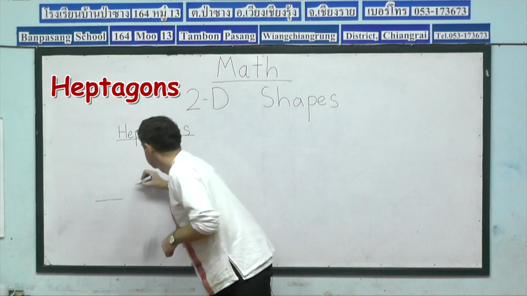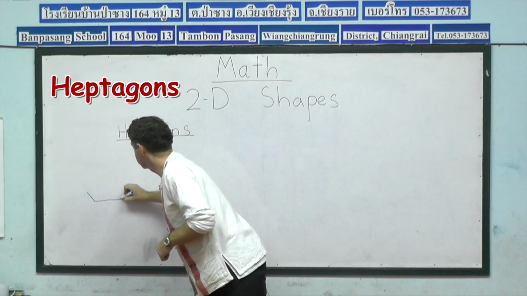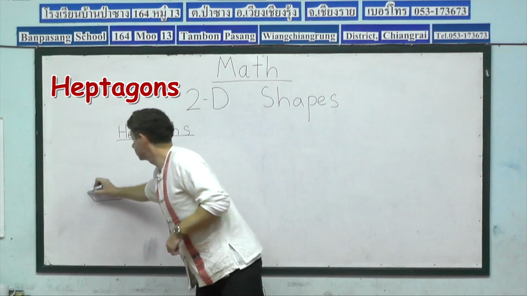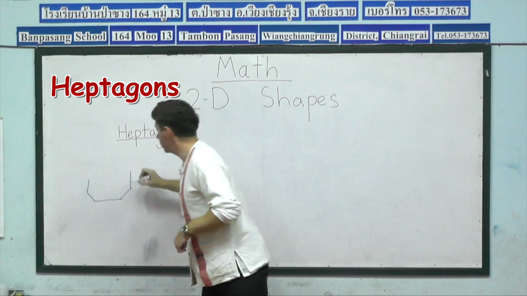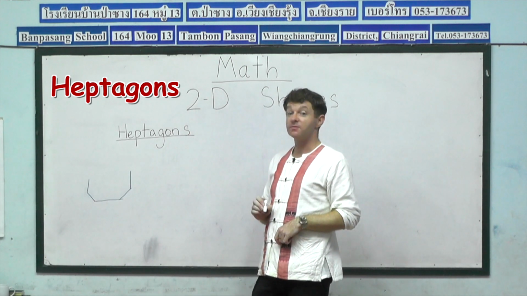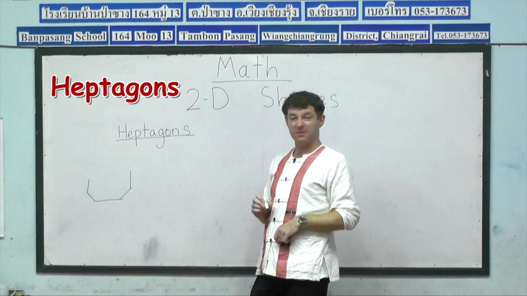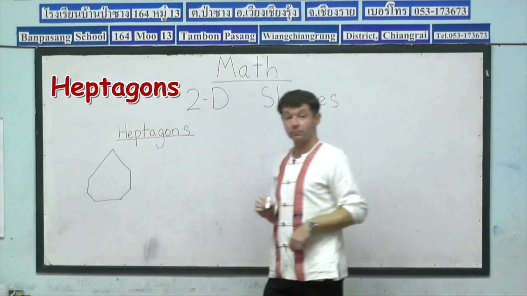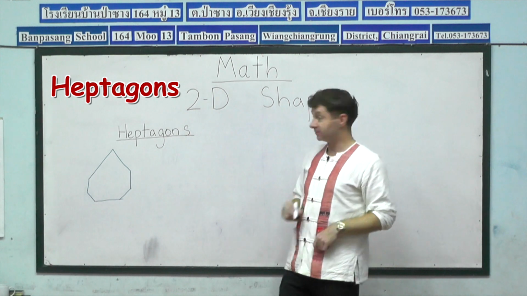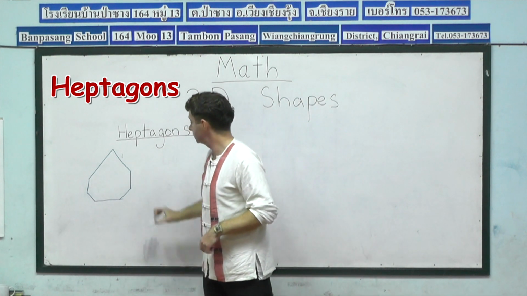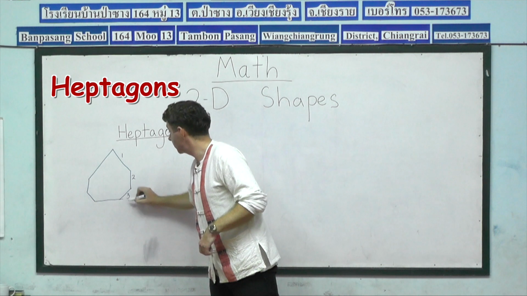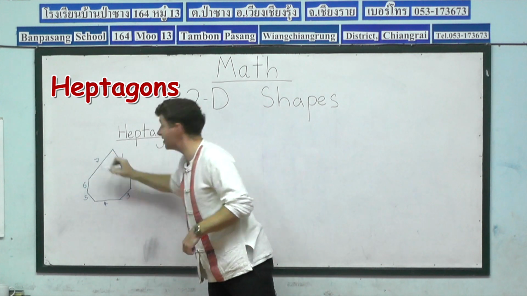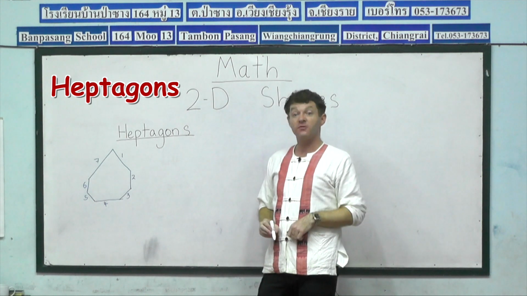No. How many sides? Now how many sides? 5. Heptagon yet? No. Heptagon, yes. Let's count together. 1, 2, 3, 4, 5, 6, 7. So we know heptagon, 7 sides.